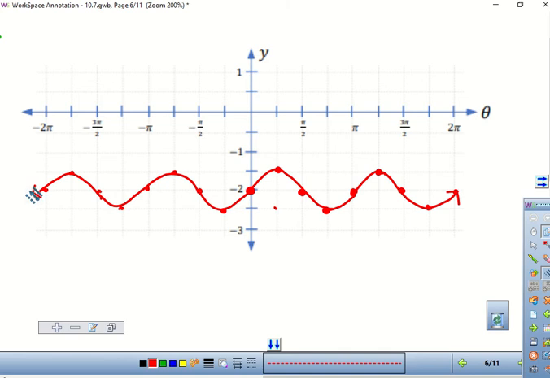And then you can graph your midline if you want, which is at y equals -2. So you see how it's right in the middle of the graph.